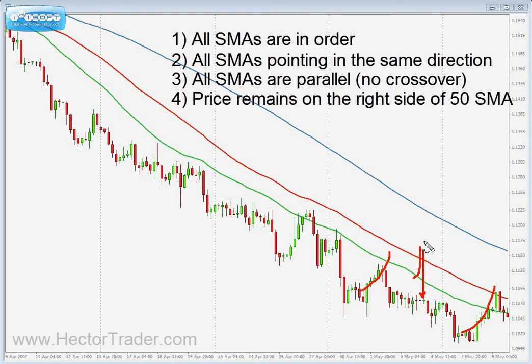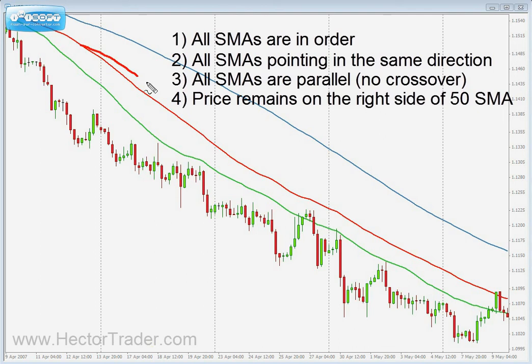As long as that breach above doesn't take more than 1, 2, or 3 bars maximum, and price dives back down to the right side of the 50 simple moving average, we can safely say that the trend is still in place.